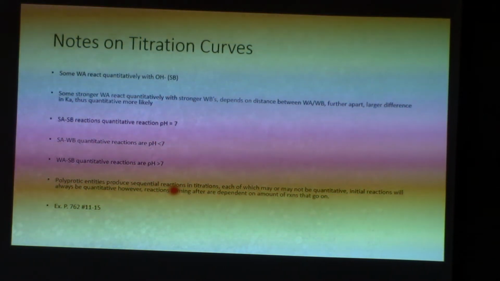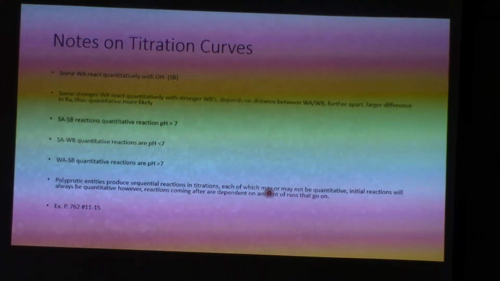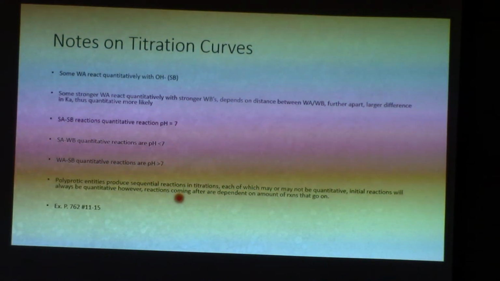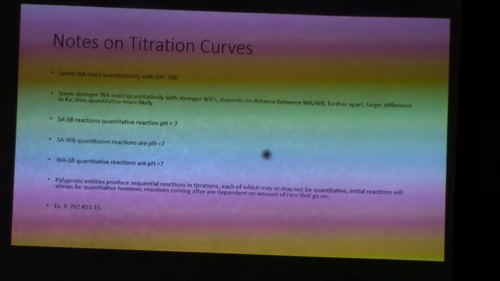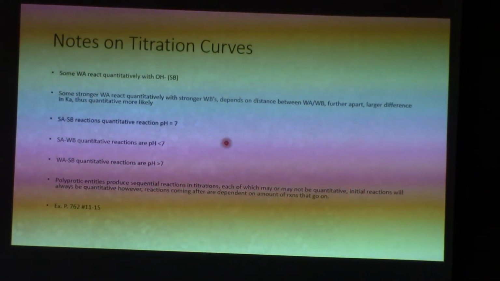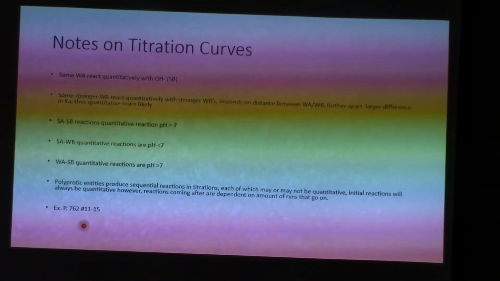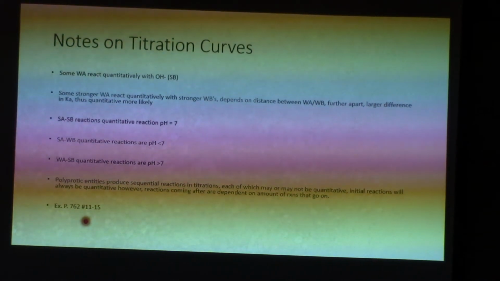Polyprotic entities produce sequential reactions and titrations. The first reaction will be quantitative, but the reactions that come after it, because they have weaker Kas and Kbs, might not necessarily be. It depends on the amount of titrant that we add, and I pointed that out yesterday. There are questions on titration curves on page 762, numbers 11 through 15.